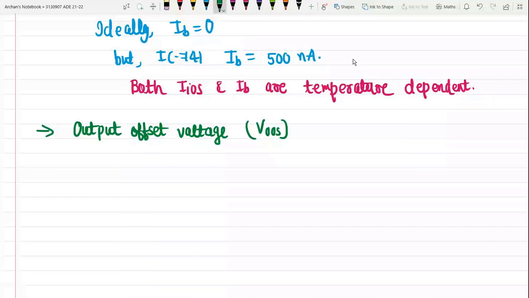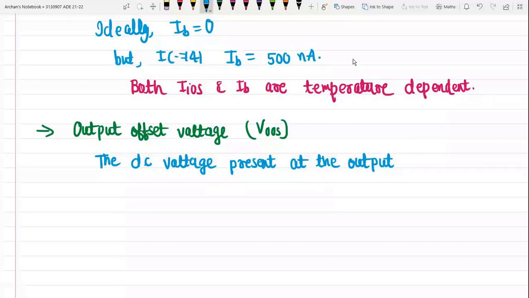So if we want to define output offset voltage, then it is the DC voltage present at the output terminals when both the input terminals are grounded.